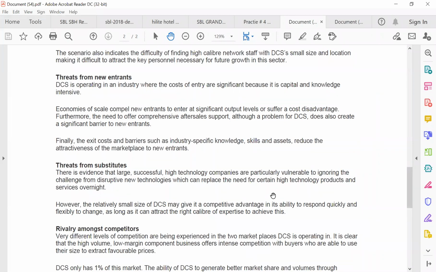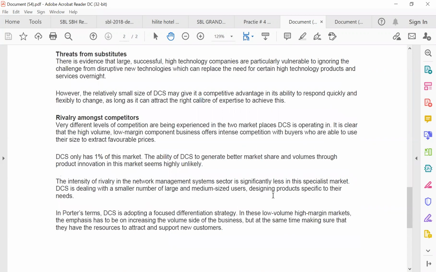achieve this. Then we have the last point, and that is the rivalry among the competitors. It says very different levels of competition are being experienced in the two marketplaces DCS is operating in.